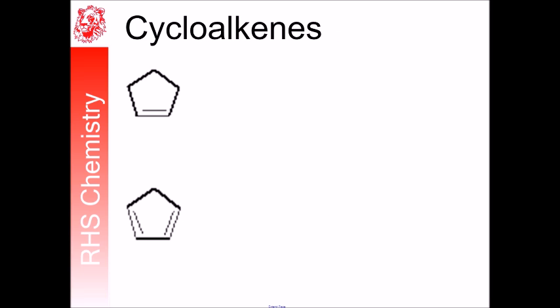Now looking at cycloalkenes is a little bit different. We need to worry about which way we go here. It turns out that a double bond is going to start at carbon number 1 and go to carbon number 2. And that might seem reasonable and obvious in cycloalkanes, but in cycloalkenes it may not be. So this has got to be a 1 and that's got to be a 2. If it starts on carbon number 1, it's got to go to carbon number 2. And so this is just going to be cyclopentene. We could put a 1 in front of it there.